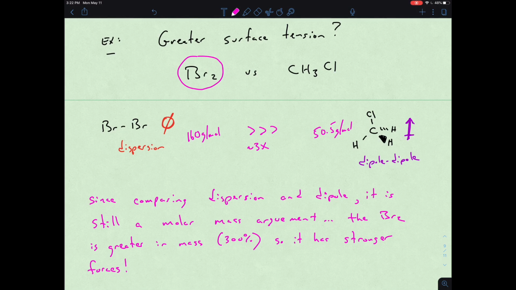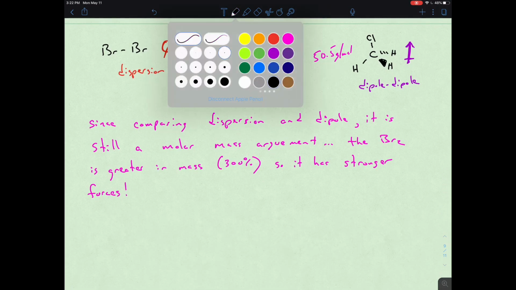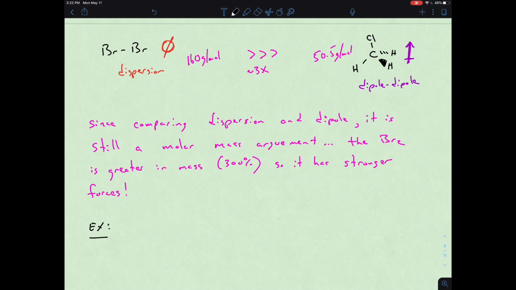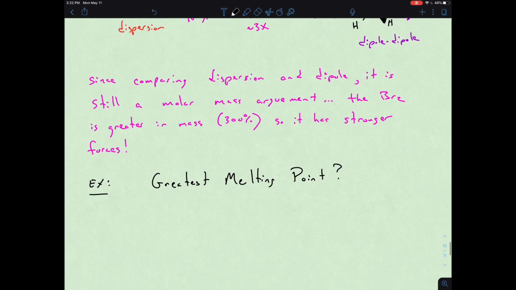We can do another example here with looking at which one has, I guess, the greatest melting point. And so we would look at maybe this as an example, phosphine and silane.